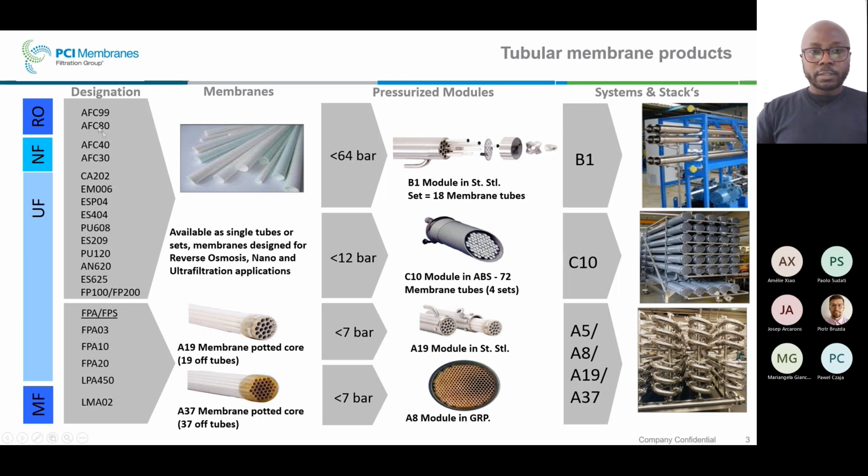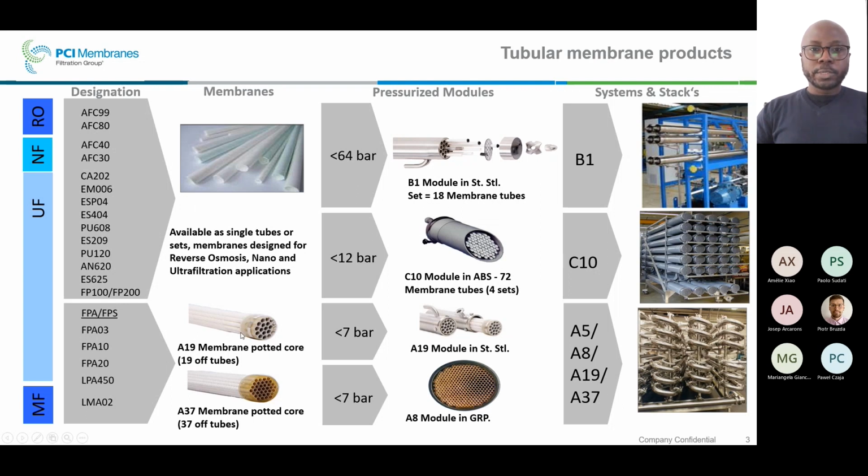For the AFC 80, we're talking about at least 85% sodium chloride rejection. We can use the same classification for the nanofiltration, in which case, for the AFC 30, we are looking at least 75% calcium chloride rejection. For the AFC 40, we are looking at 60% sodium chloride rejection.